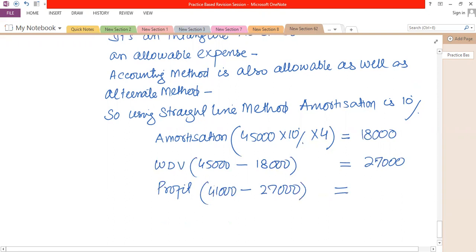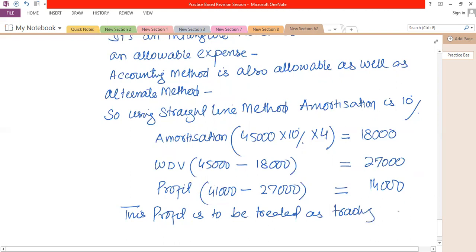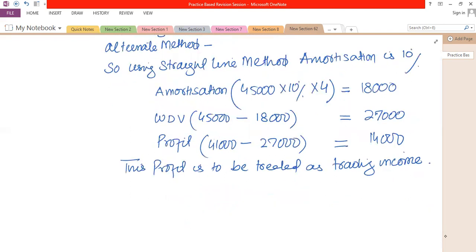So we have a profit on sale of 14,000. And this profit is to be treated as trading income. I have written the explanation, and where I need calculation, I've also applied the calculation. You can use a different format like sales minus the cost minus amortization. Any reasonable format of calculation is good. Fine. So are both parts clear?